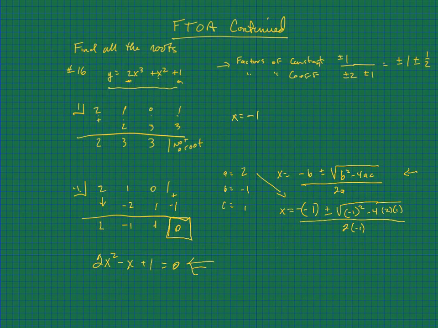Now all I need to do is simplify. So I have x is 1 plus or minus the square root of 1 minus 8, all over negative 2, which is going to be 1 plus or minus i square root of 7 over negative 2.